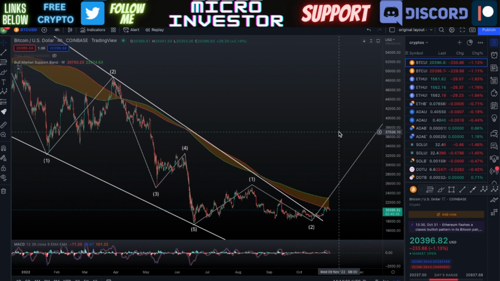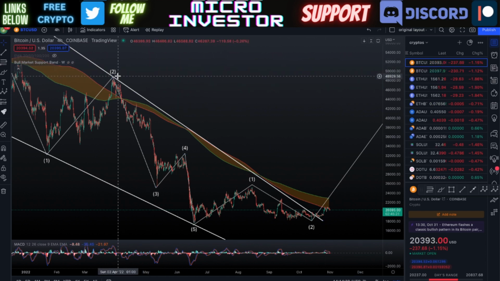Now, as far as where I think Bitcoin could be going in the long run, I think there's that possibility that Bitcoin could easily be going to a price of around $30,000 within this wave 3, if not more. I think that if we were to retrace where we were within our wave 2 that we had fallen from the downside, there's that possibility we could see Bitcoin go between like $48,000 and $50,000.